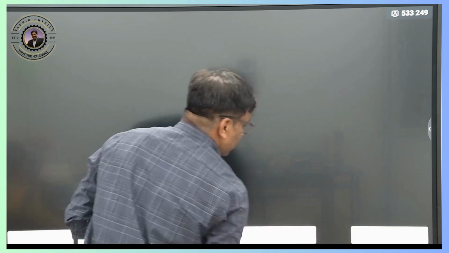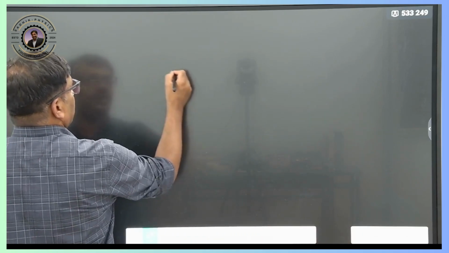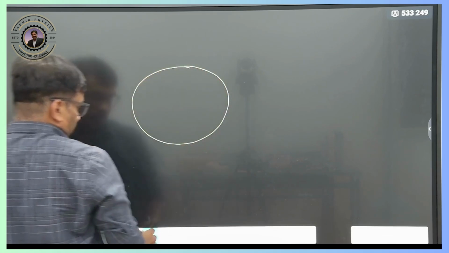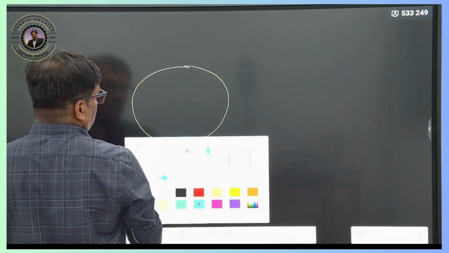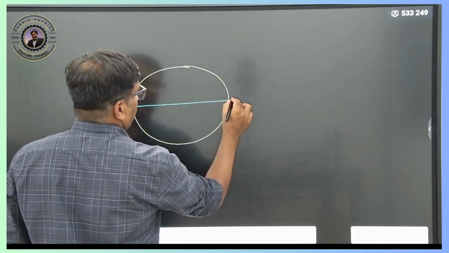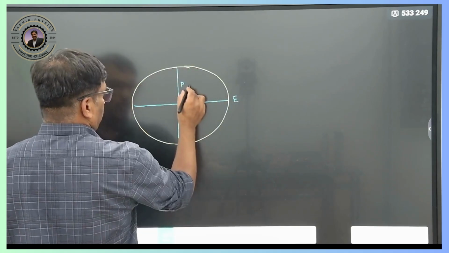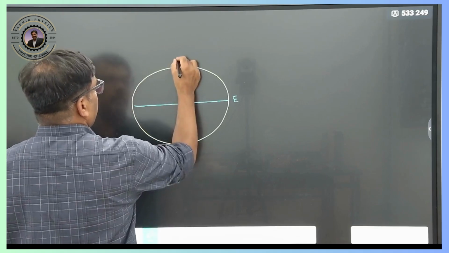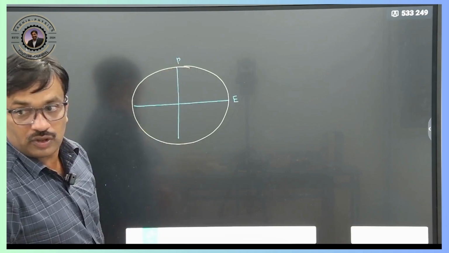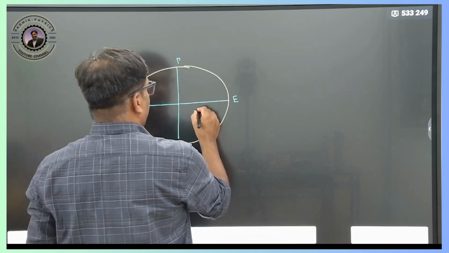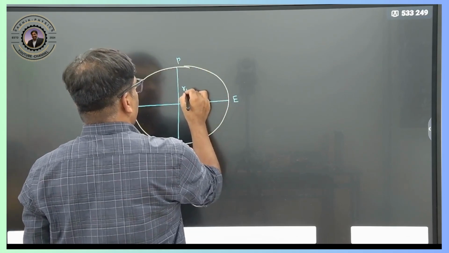And one more application here. Suppose one pendulum clock is moving from the equator to the pole. Suppose this is the equator, and this is your pole. You know that we already discussed in gravitation the radius at the equator and the radius at the pole.